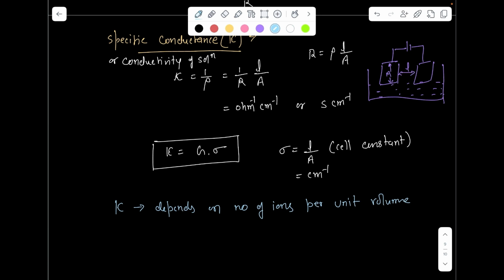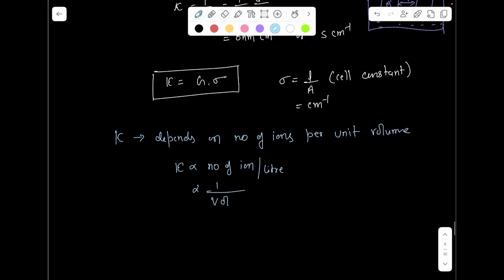It's very obvious, if the volume you increase, the number of ions per unit volume will decrease, so the specific conductivity is going to decrease. So kappa is directly proportional to the number of ions per liter, or else inversely proportional to the volume. If the volume of the electrolyte increases, then kappa will decrease.